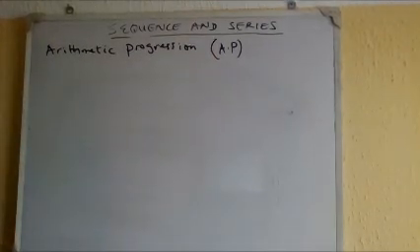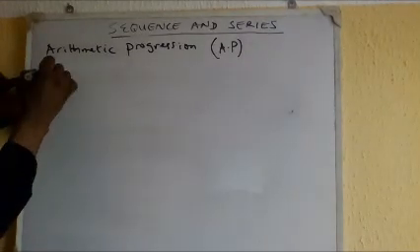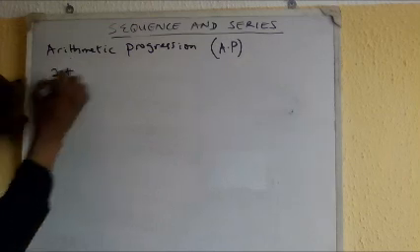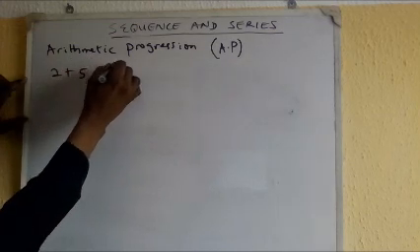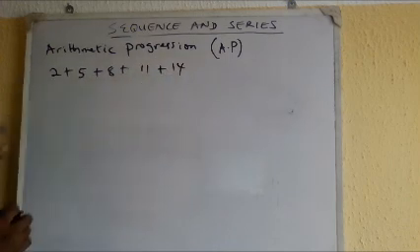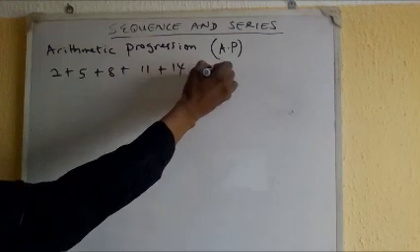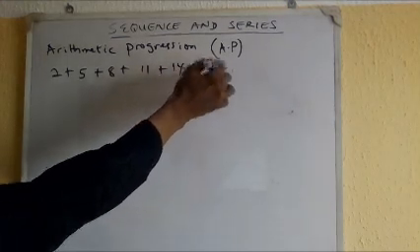AP is arithmetic progression. Example, if I have 2 plus 5 plus 8 plus 11 plus 14, this forms a kind of AP. So it's continuous.